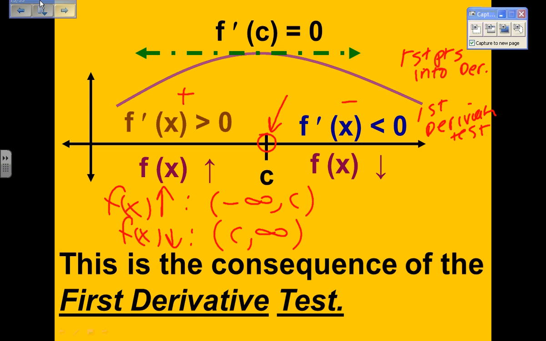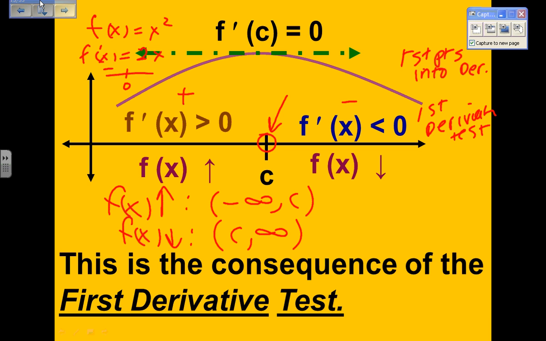All right. So you put the test points into the derivative. How do you know? Well, we'll go back to our example we just had. F of x equals x squared. F prime of x equals 2x. We had 0. If you put negative 1 into the function, it's going to be positive. If you put negative 1 into the derivative, it's going to be negative.